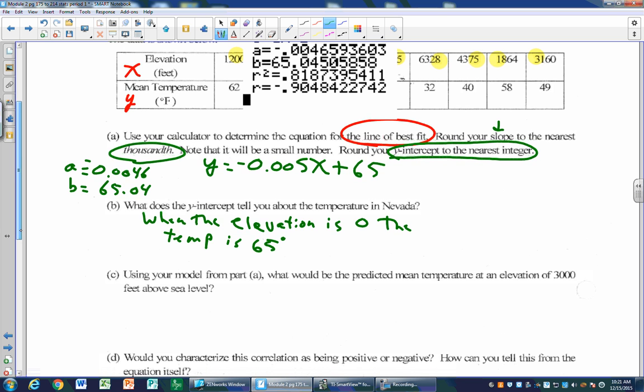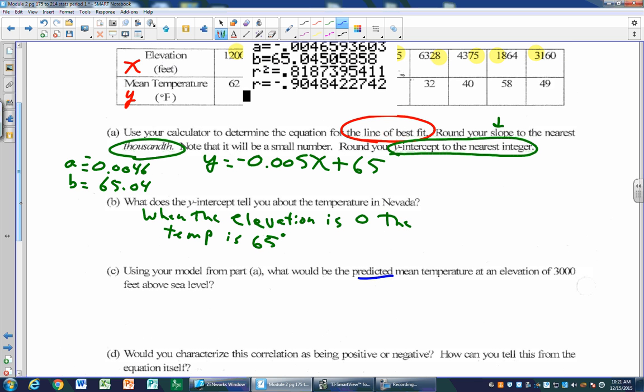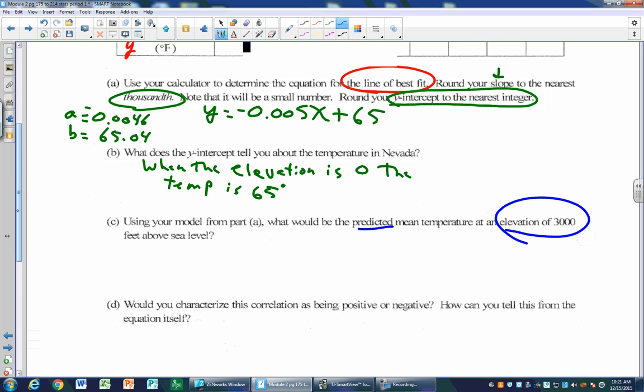Using our model from part A, what would be the predicted mean temperature at an elevation of 3,000 feet? You look at your table and you say, which one was elevation? Was it X or Y? Okay, so it's X. So you grab your equation, y equals negative 0.005, instead of typing X, you type in 3,000, plus 65.